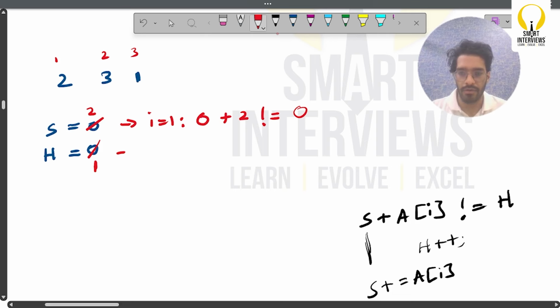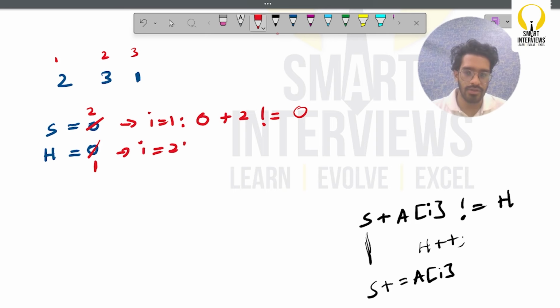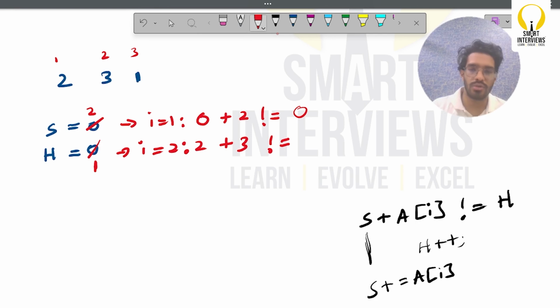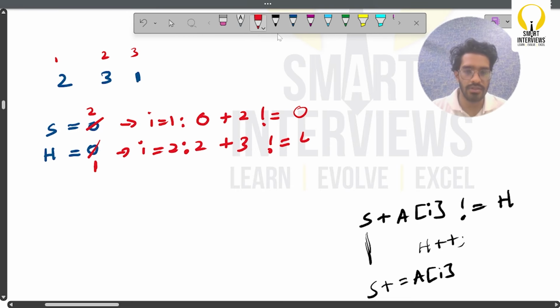Right, moving forward. When I value is 2, you need to add the same thing, sum plus a of I. So sum here for us is 2 now. So you will do 2 plus a of I, which is now 3. So 2 plus 3, it shouldn't match with 2 into s. So if you see, sum's value is 2, so 2 into s would give us 4.